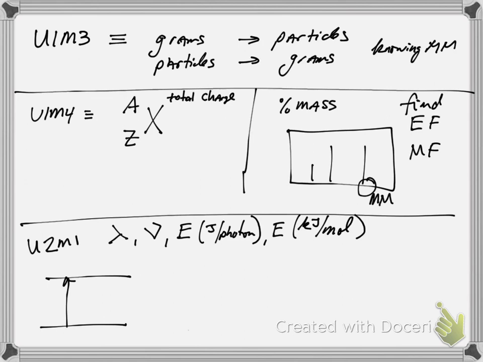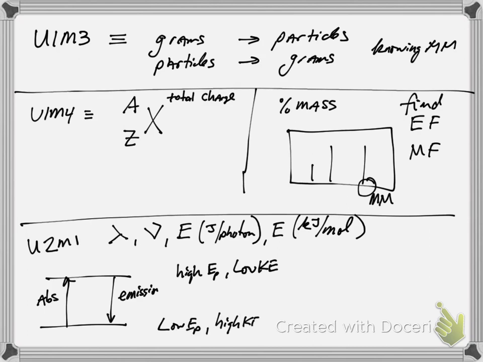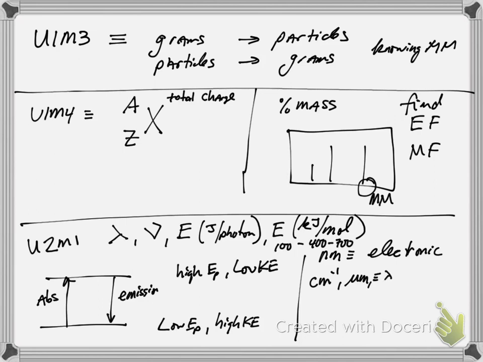We also have the atomic emission and absorption model. In that case, the potential energy and kinetic energy were discussed, how changes occur, and that nanometers are usually electronic, any nanometers less than 700.